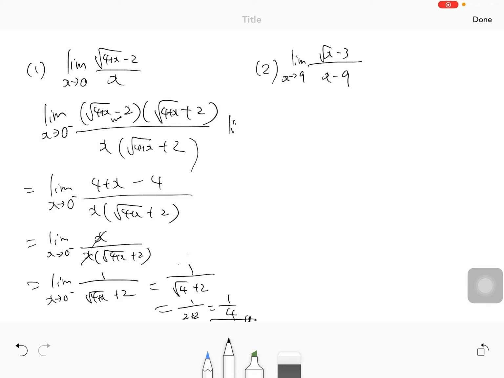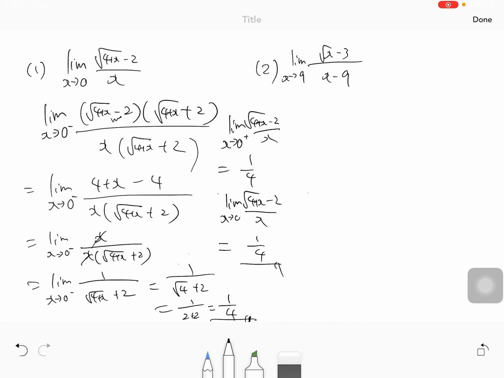And also, you need to do as x approaches 0 from the right side, but actually what you are going to do is the same as the limit as x approaches from the left side. So the value is going to be the same, which is 1 over 4. So the answer is 1 over 4.